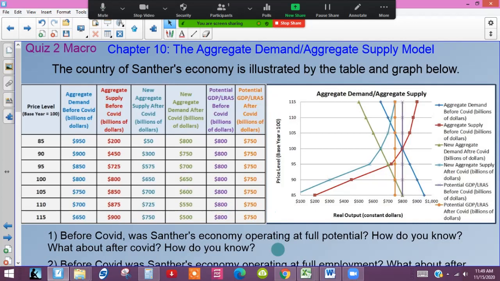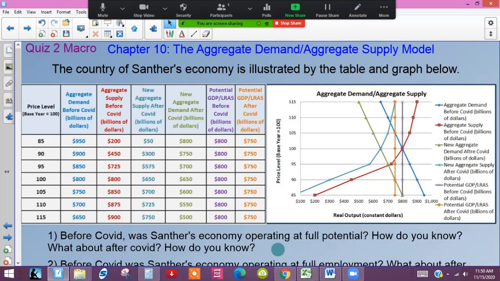So you'll have aggregate demand shifting to the right. You'll have aggregate supply shifting to the right. You'll have more supply, more demand, and you'll actually change the potential because you will start to rebuild the businesses and factories and people. So it's going to be the same logic and the same rationale used here.